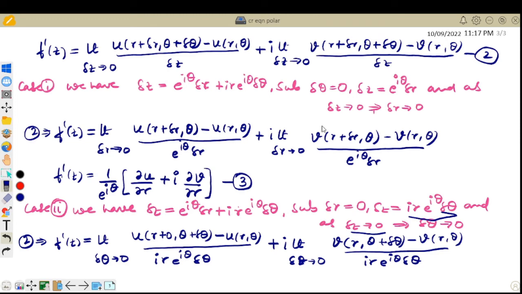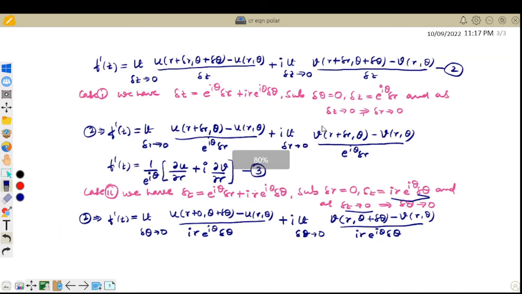And try to observe carefully. Here f dash of z is equal to, what is common in both the terms? Look here. i and i get cancelled, and the common terms in both the expressions are 1 by r e raised to i theta.